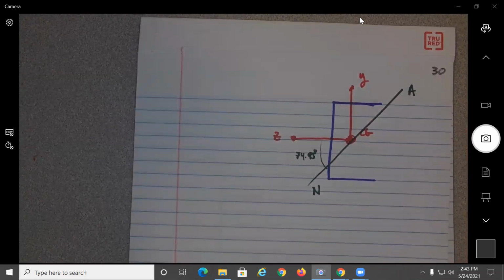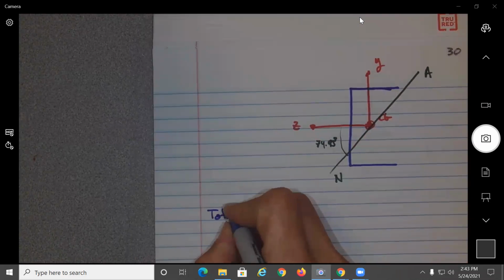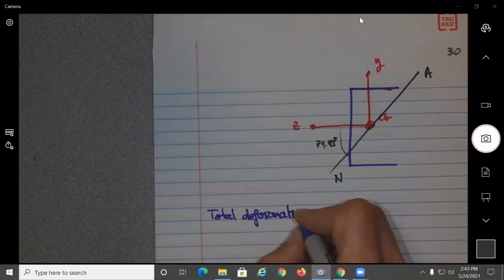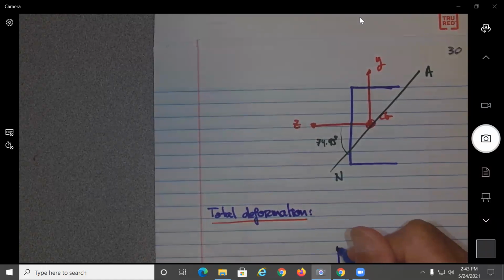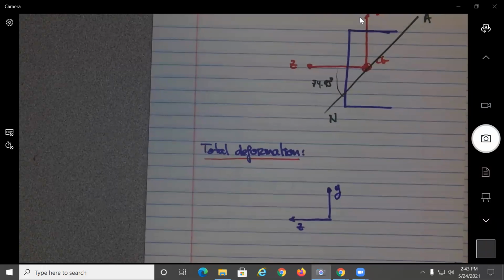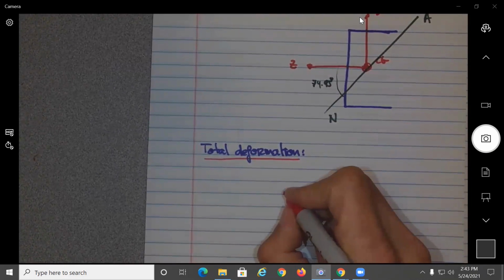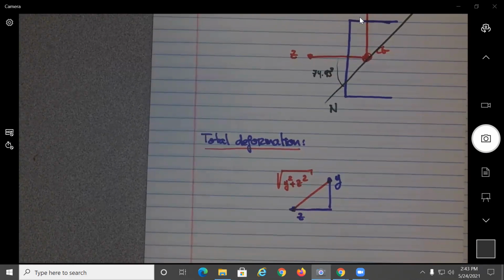So let's say somebody was asking you to find the total deformation, and you knew the Z deformation and the Y deformation. It doesn't matter what direction you put here. What would be the total deformation? Y squared plus Z squared, no?